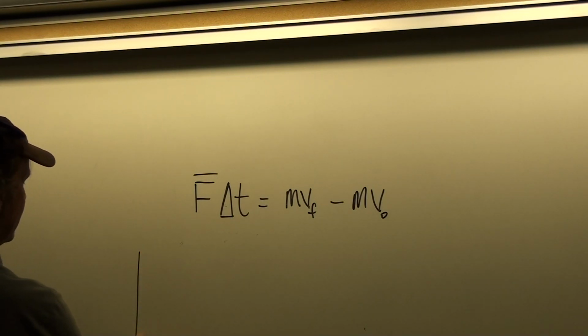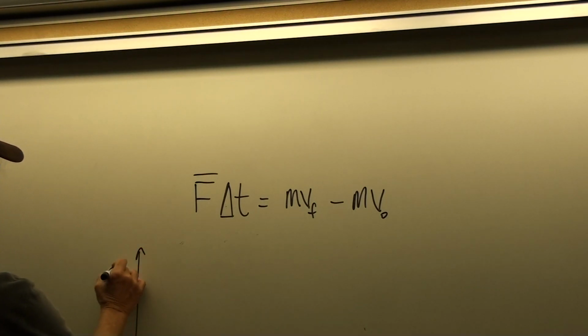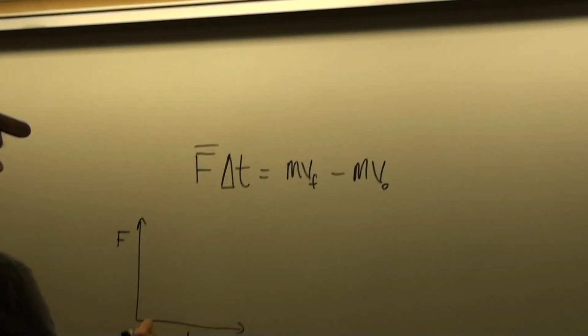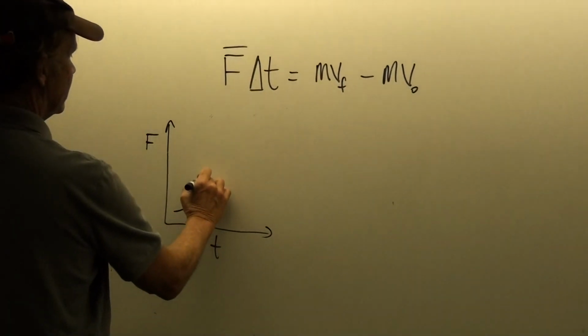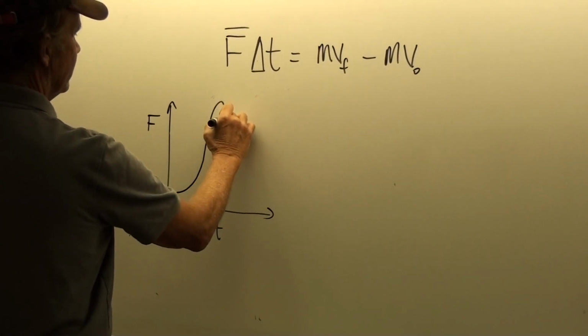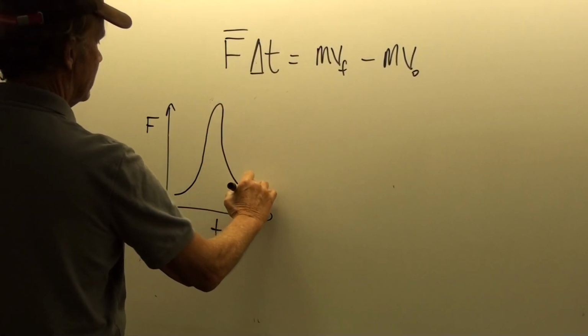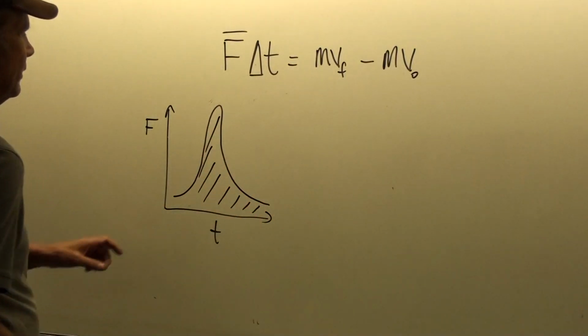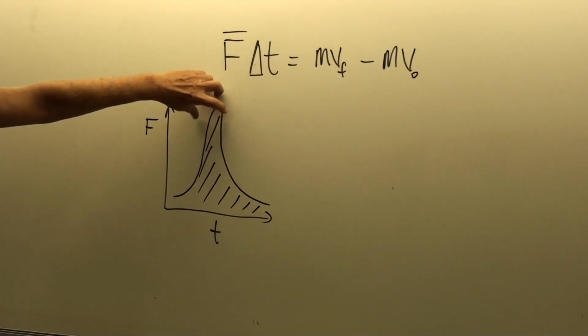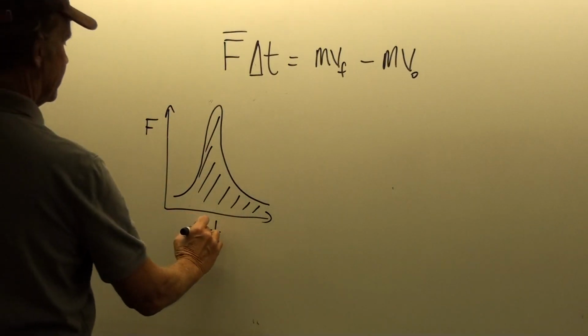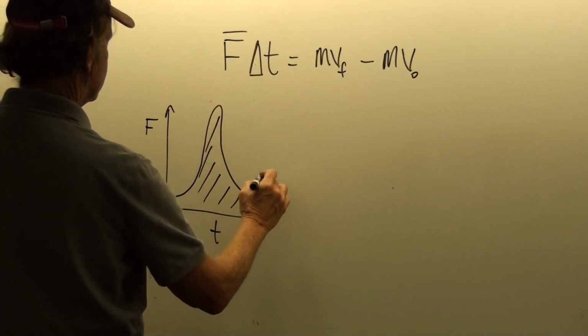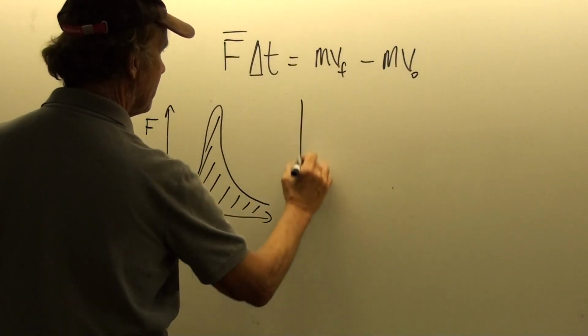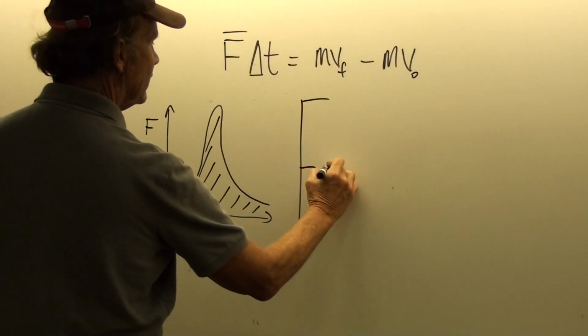If you plotted the force versus the time, and we have an average force associated with that, you wanted to make the area under the curve peaked out as much as possible, then you'd want to have a small delta t. In other words, for the force to be big, you need a small delta t.